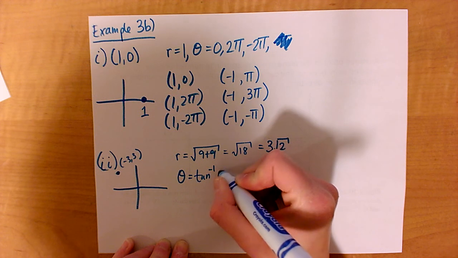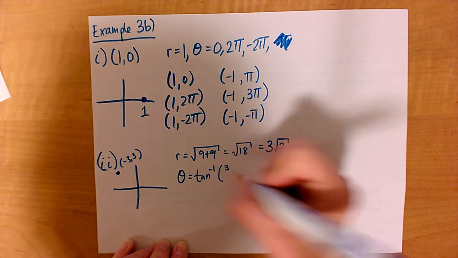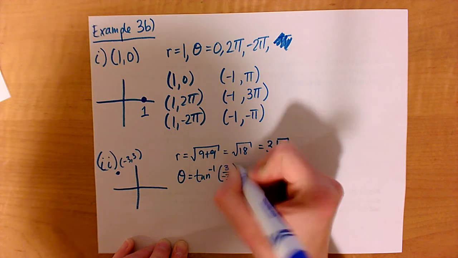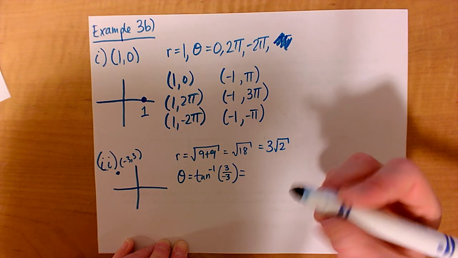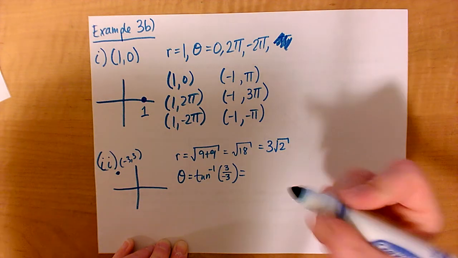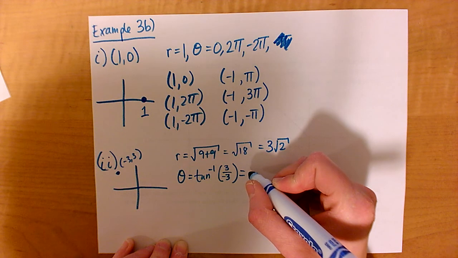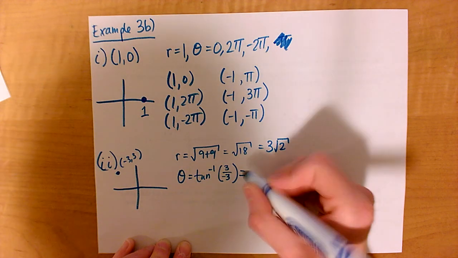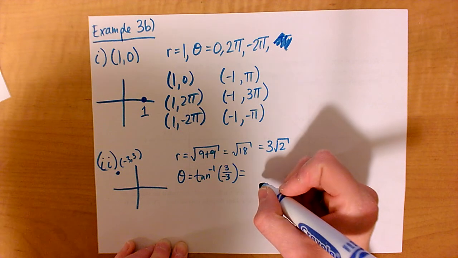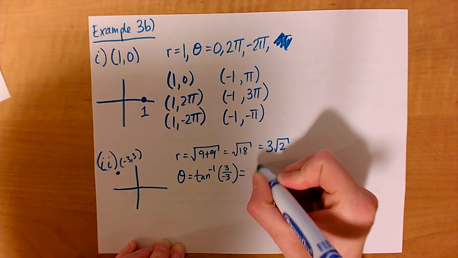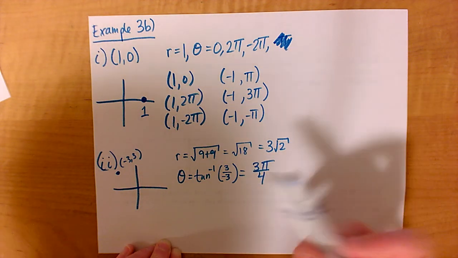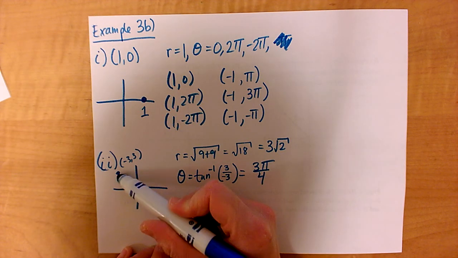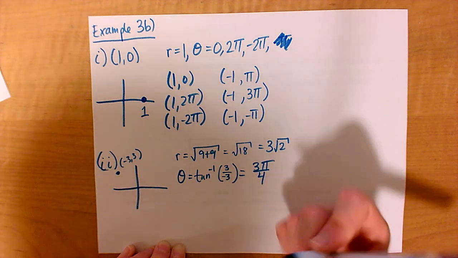So, inverse tangent of 3 over negative 3. That's going to give us the inverse tangent of negative 1, which would end up being 3 pi over 4, right? And that makes sense because it's halfway between.